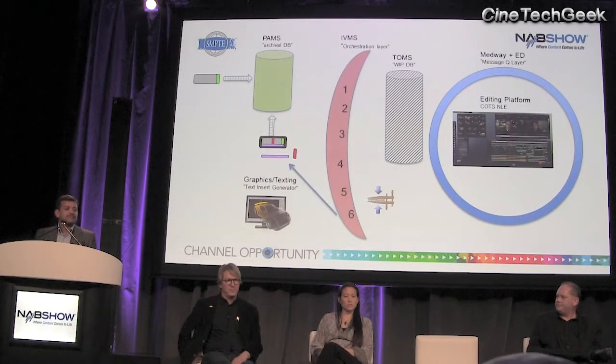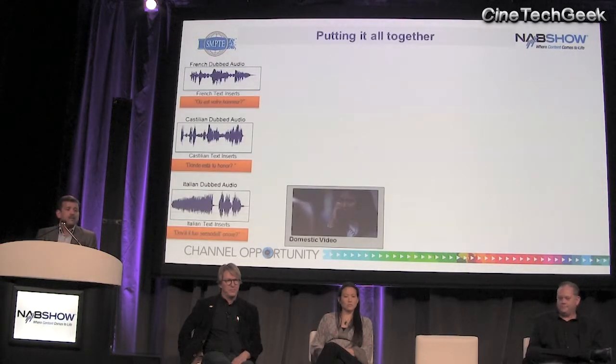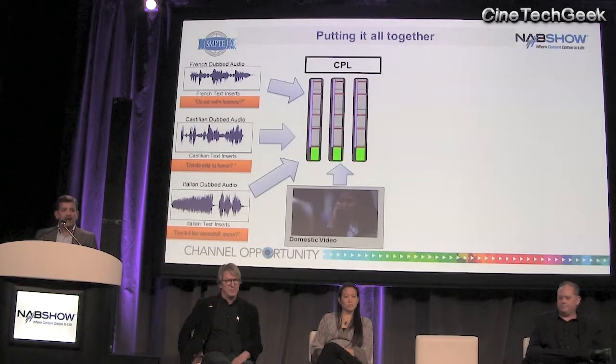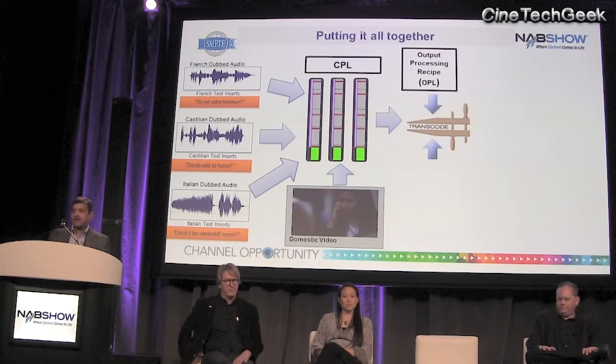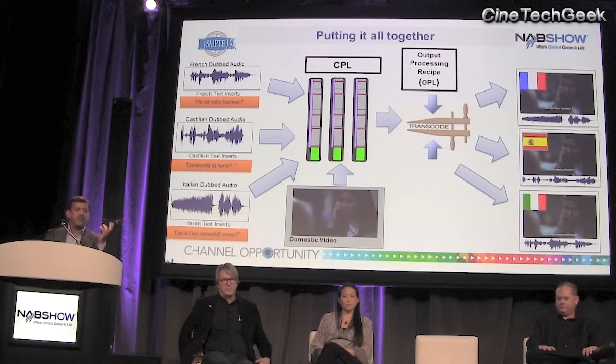So, okay, when we put it all together, we have one standard domestic video, we have all of our different languages and each of their inserts. We have all of our CPL, this little XML piece that kind of ties them all together for their different versions. And what we'd like to do is magically transcode them and make all of these great deliverables.